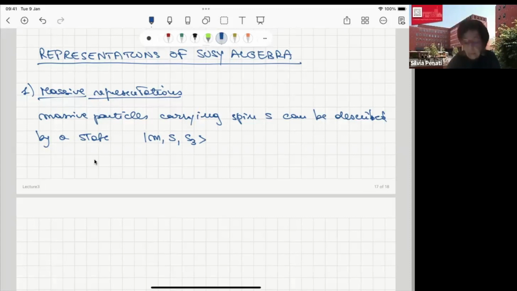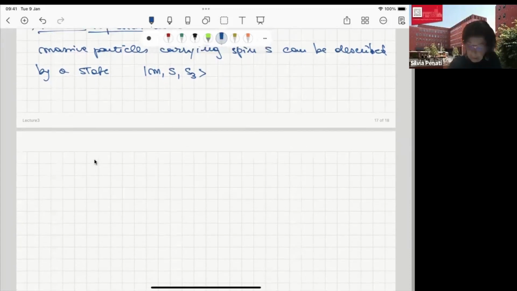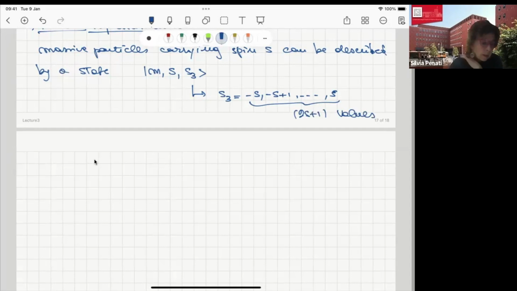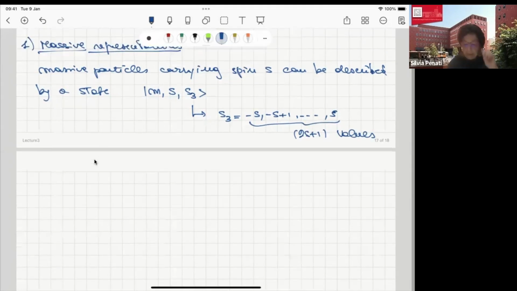Let me call this S3. Remember that S3 can take values between -S up to S, which are 2S+1 values. In particular, I want to study how, given a spectrum of massive particles this way, they can be reorganized in terms of representations of the supersymmetry algebra.